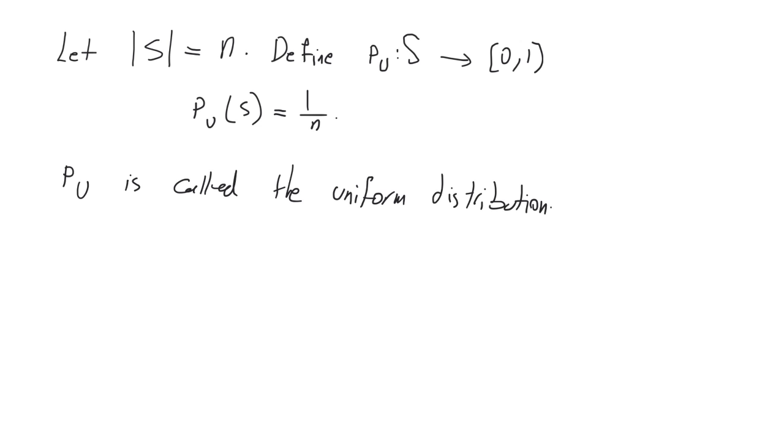So it distributes the probability uniformly over all the outcomes. And this is the probability that we assumed in the first section when we computed the probabilities by the cardinalities. We assumed that every outcome is equally likely, and therefore we were implicitly assuming the uniform distribution.